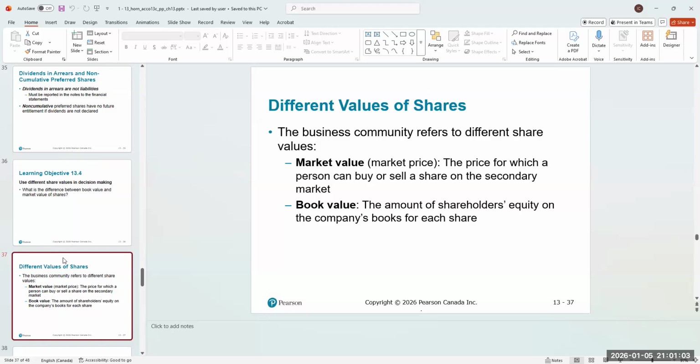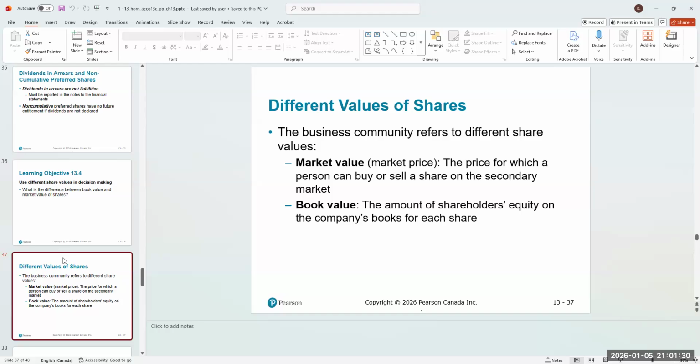Market value is what the market is willing to pay for a single share of this particular company. Obviously, it's not the original market, because we passed the point of the IPO, so we're in the secondary market. That will be the market value of the share.